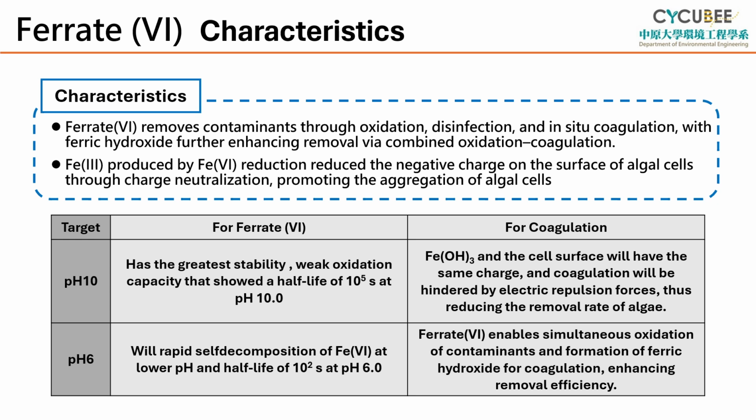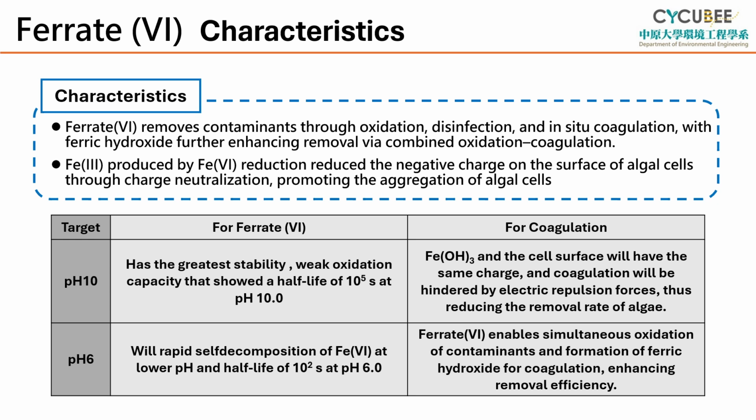But for coagulation at pH 10, the Fe(OH)3 and the algal cell surface will have the same charge, and coagulation will be hindered by electric repulsion force, thus reducing the removal rate of algae.